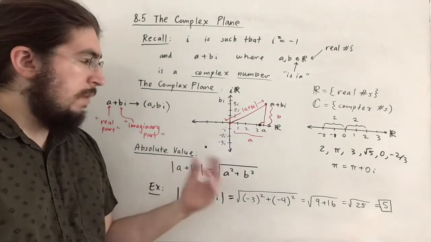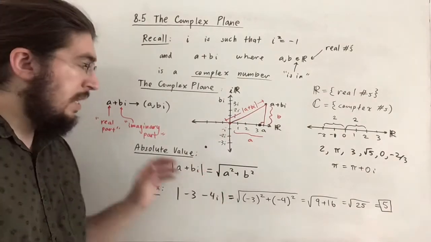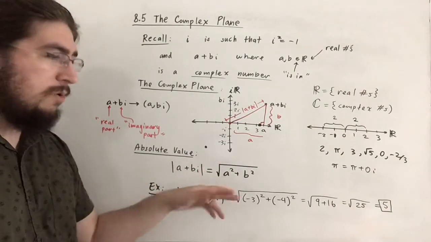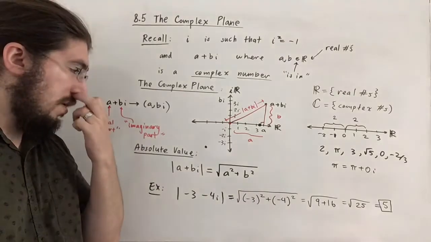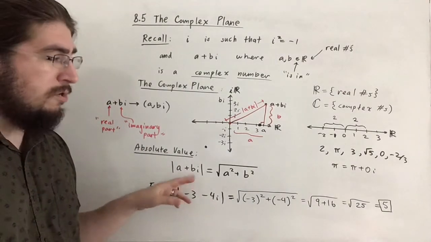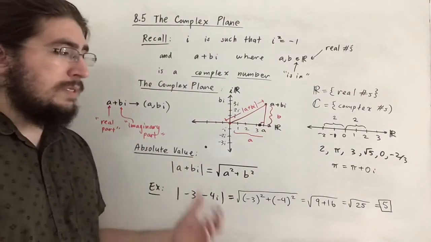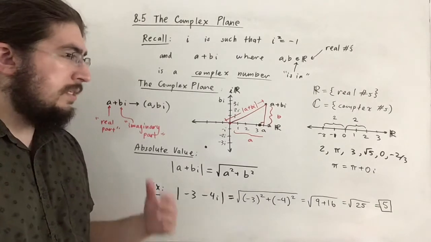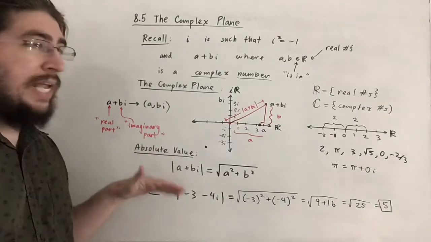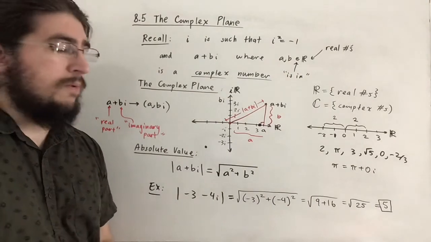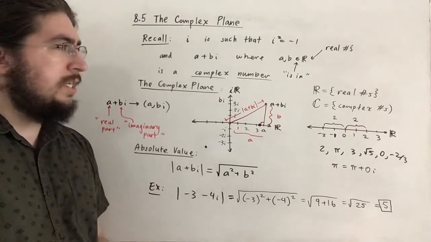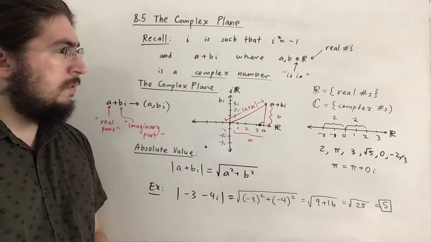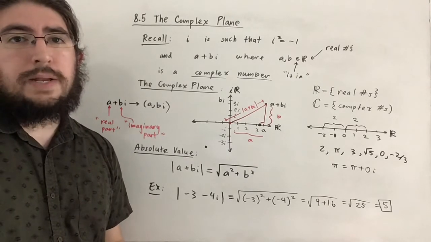So if you wanted to find the absolute value of negative 5, doing this, when b is 0, of course, because negative 5 has real part negative 5 and imaginary part 0, it will result in absolute value 5. So you'll still get the same thing. So this is a good extension of our notion of absolute value. So I think I've spoken enough here. Now I'm going to do some examples regarding some other properties of the complex plane.